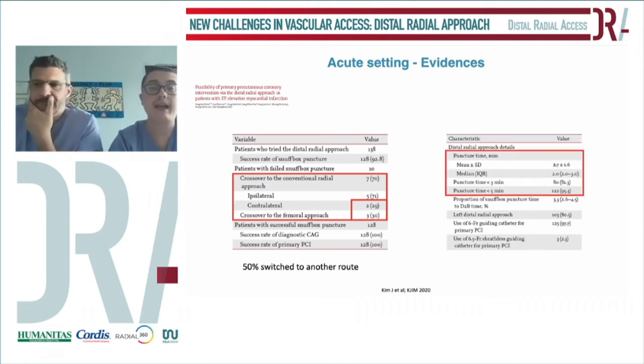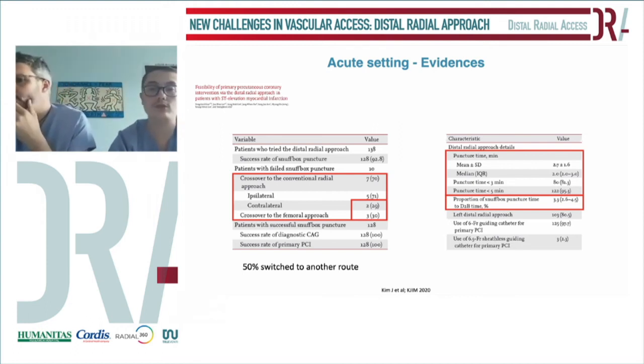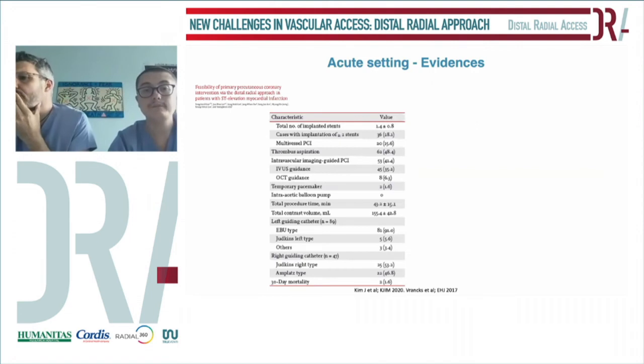The puncture time was quite low, usually less than 3 minutes, and we have to outline that only 3% of the door to balloon time was related to puncture of the distal artery.